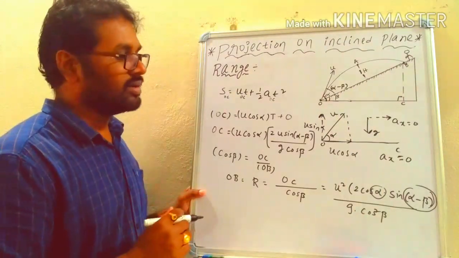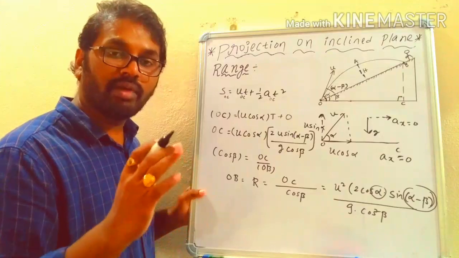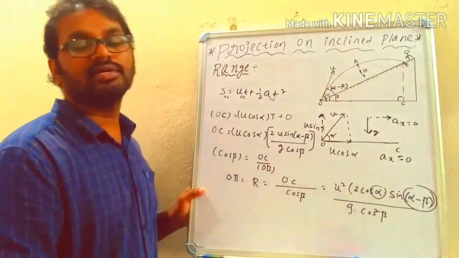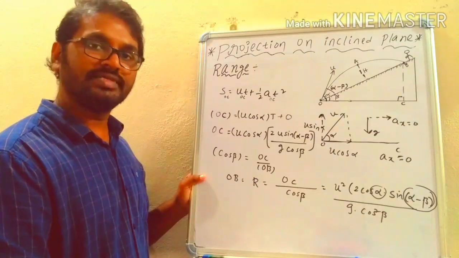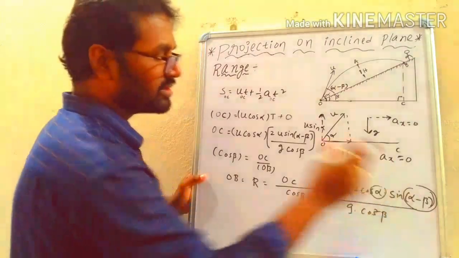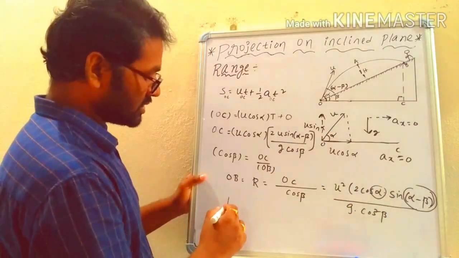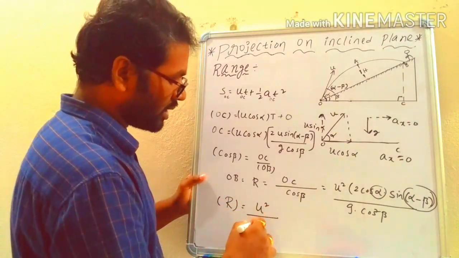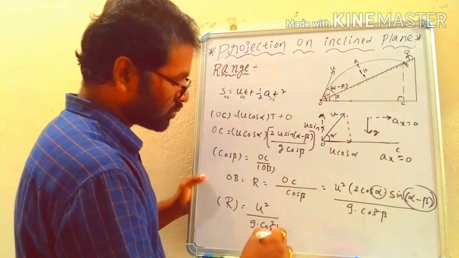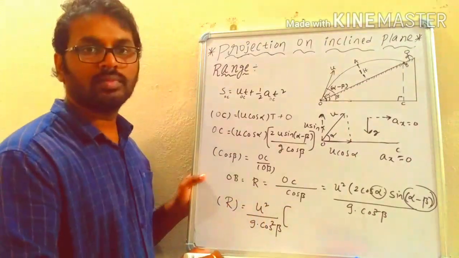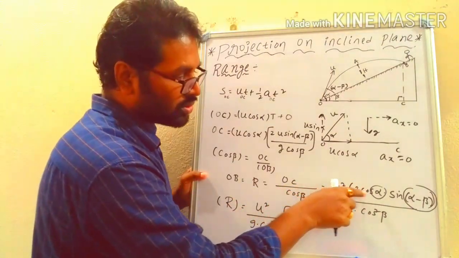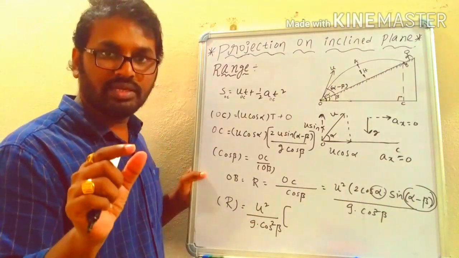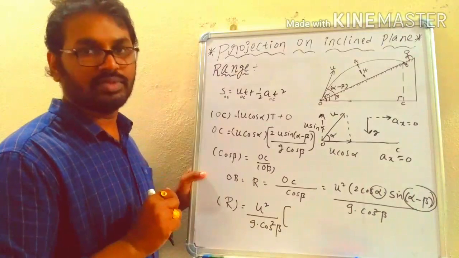If you do sin A plus B minus sin A minus B, if you solve it, you will get 2 cos A into sin B. So instead of writing this one, I can write range R is equal to U square divided by G into cos square beta into, what I told you, 2 cos A sin B is nothing but sin A plus B minus sin A minus B.